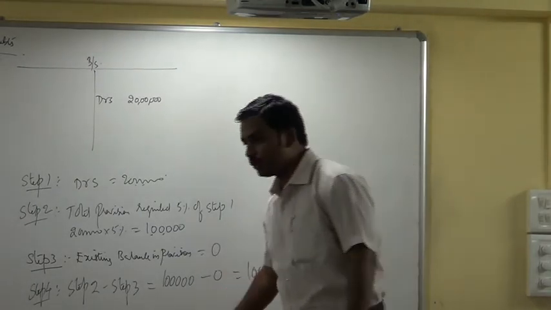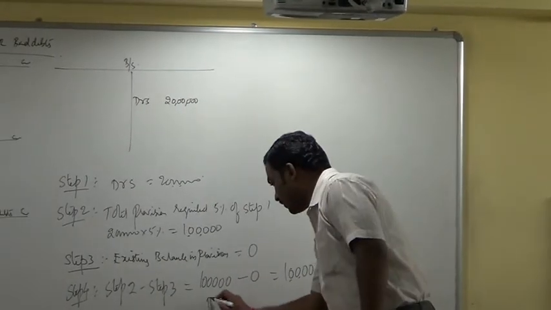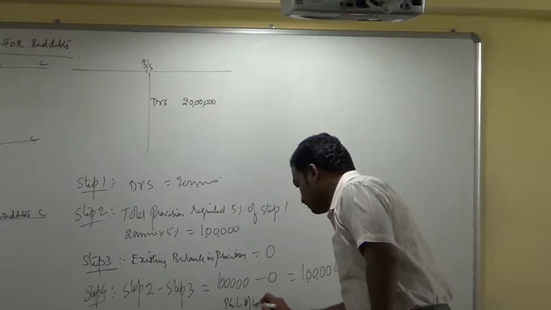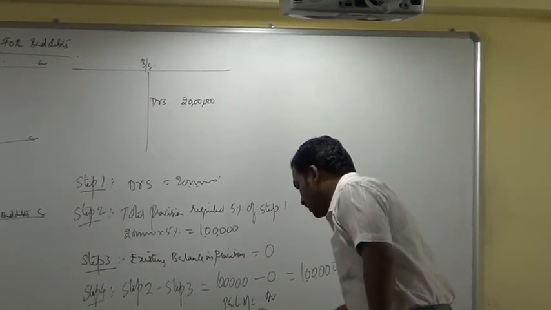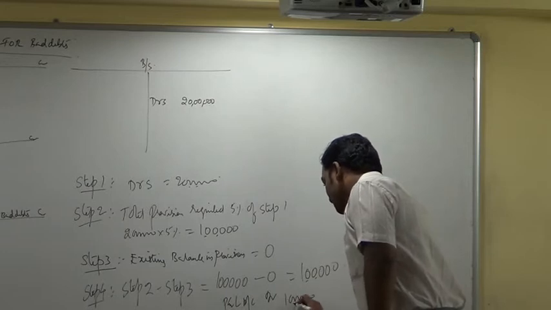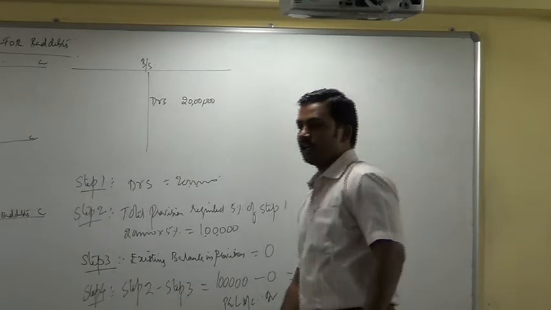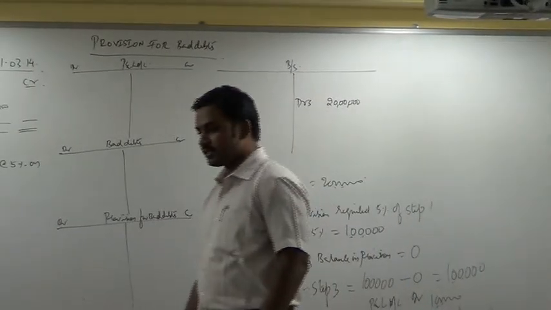Okay. So below step 4, you pass an entry. P&L account debtor to provision for bad debts, 1 lakh.